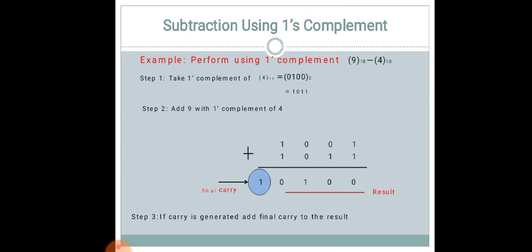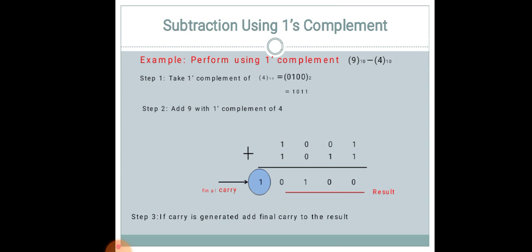We have to first take the ones complement of 4. Before taking the ones complement, we have to convert the given number into a 4-bit binary number. So we have represented 4 in 4-bit binary, that is 0100. And we have taken the ones complement of that. The ones complement of 0100 is 1011.